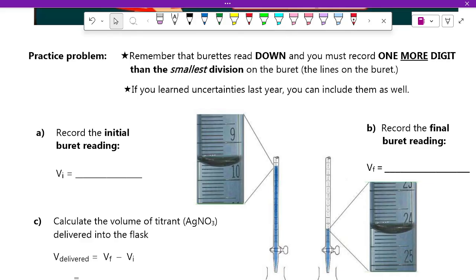When I say no, I don't mean the numbers are wrong. When I say no, I mean you're missing something.